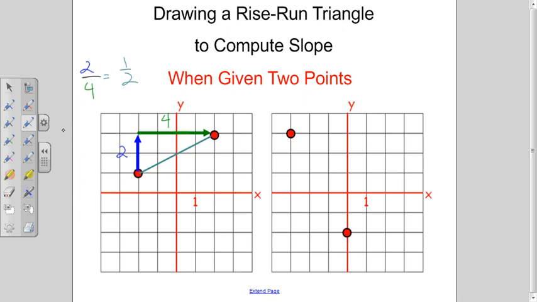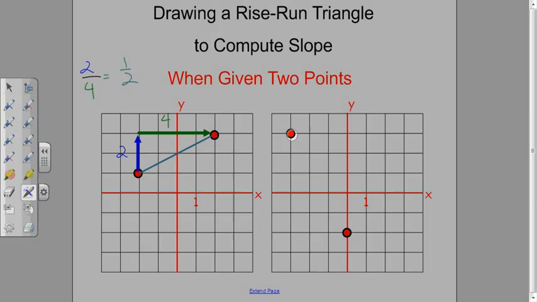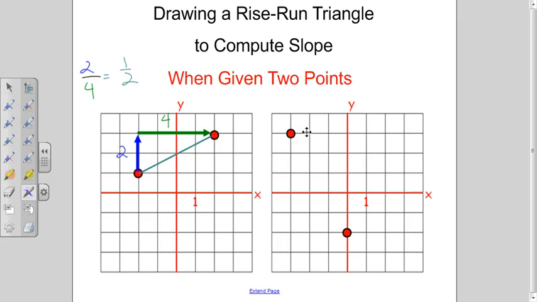Okay, in this next example, again, I'm going to use the general rule of starting on the point that's further to the left, which is, in fact, the one I just showed you. And I will draw my rise, which is an odd word because in this case my rise is moving down, -1, -2, -3, -4, -5 grids.